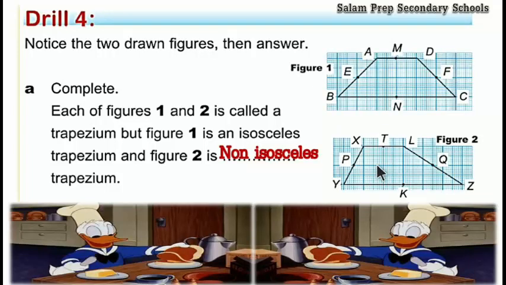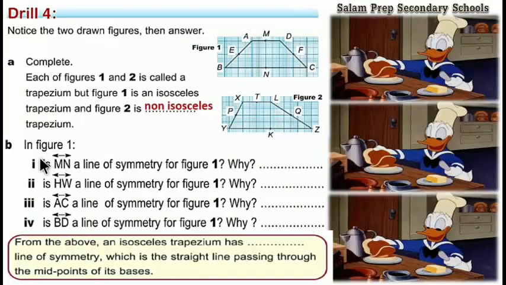We can also say scalene trapezium. Now the answer is MN, straight line MN.